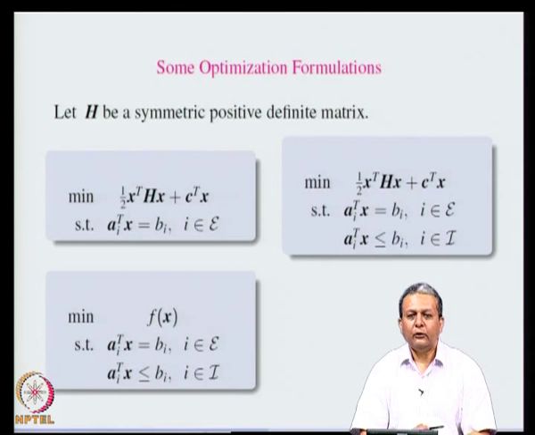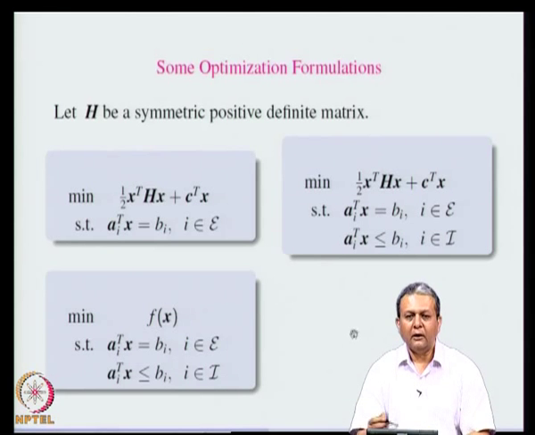If we use similar ideas, then the given function, if it is twice continuously differentiable, can be approximated by a quadratic function at a current point, and then one can use these ideas to solve the problem with respect to that approximation, move on to the new point, and then again repeat the procedure. So, the ideas that we study here could be useful in studying the optimization of a general function subject to linear equality and inequality constraints.